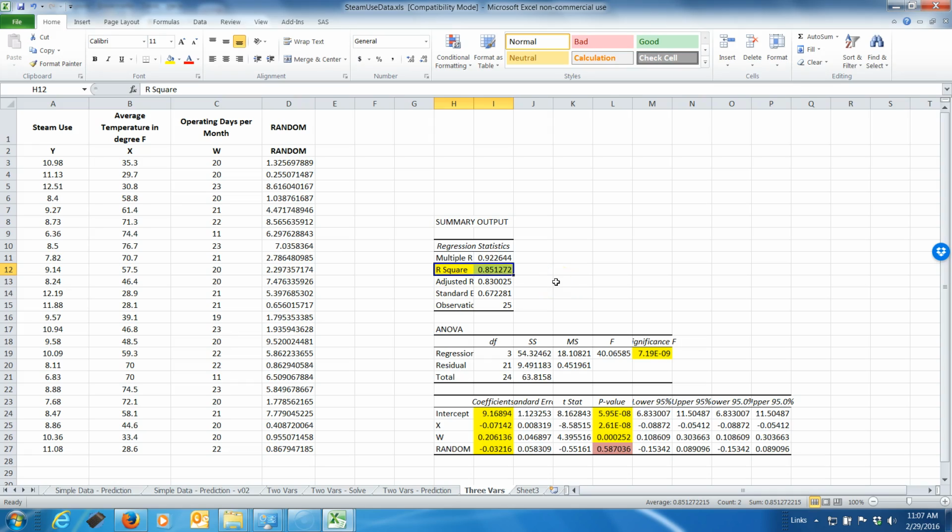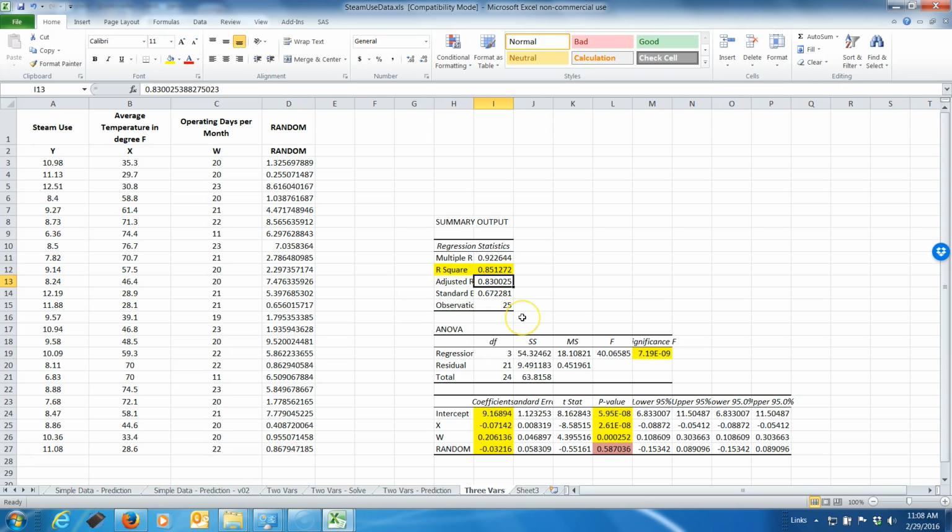But recall that when you're comparing different models, you don't look at the r-squared. You look at the adjusted r-squared, because the adjusted r-squared is going to penalize you for putting other variables in the model. The more variables you put into the model, there's a penalty for that. So let's take a look.